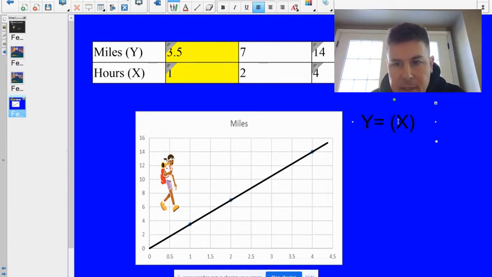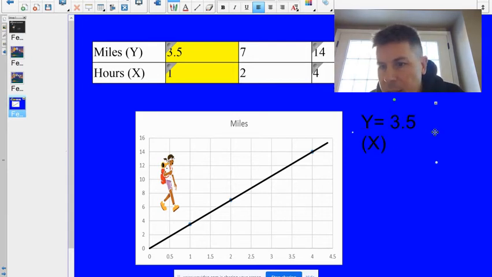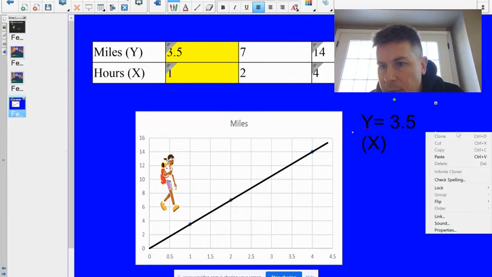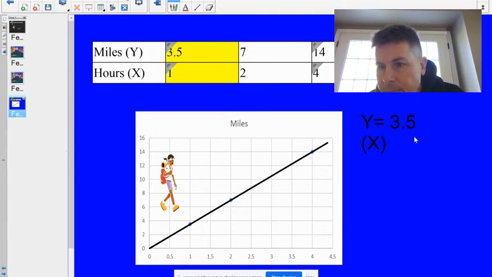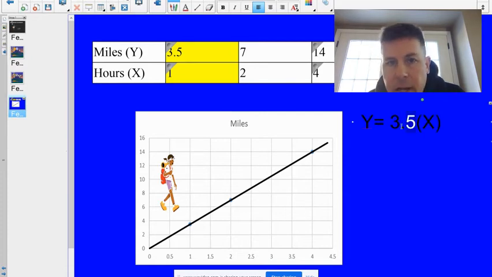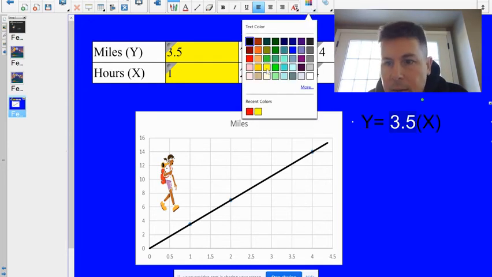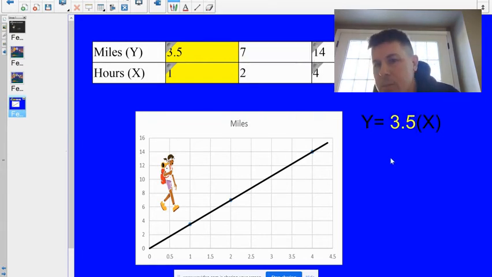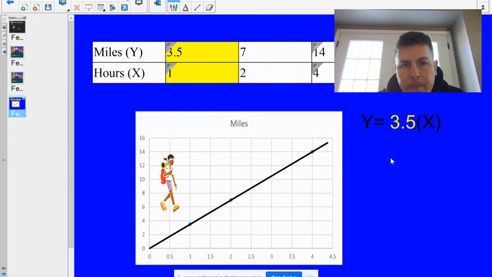So I'm going to write that in as 3.5, and make sure everything fits in there. And here's our constant of proportionality, which is our unit rate. And that's 3.5 times x. So y equals 3.5x. So what does that mean?